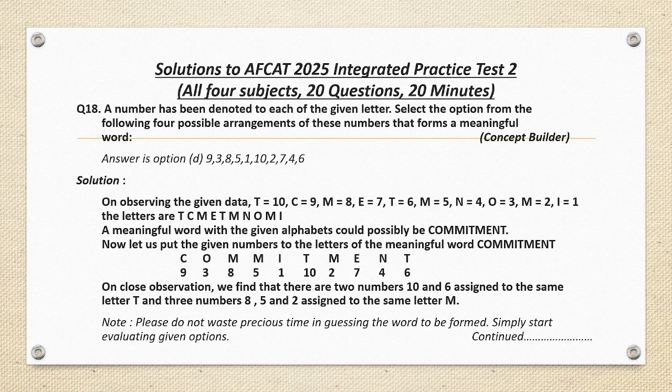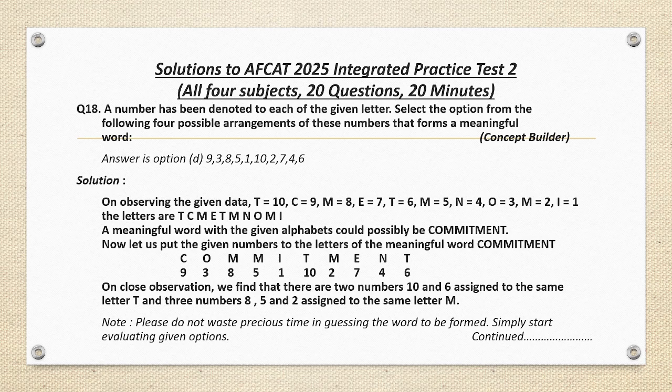T is repeated twice. So when such repetition is there, how do we go? Whatever is the first digit attached to that, we'll put it there. For C, only one time is there, so 9 we have put. For O, mentioned only once, so 3. And M is mentioned thrice. The very first time M got 8, so we'll put 8 there. Then again M is there. Second M got 5 with it, so we'll put 5.